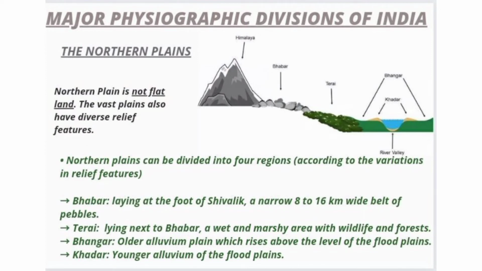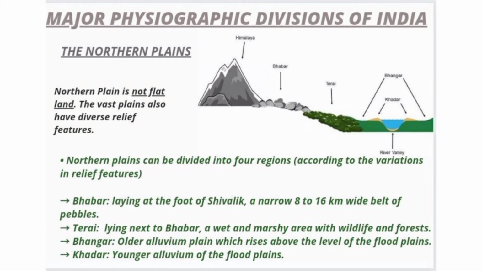Northern Plain is not flat land. The vast plain has diverse relief features. Northern plains can be divided into four regions according to variation in relief features. That is, Bhabar, lying at the foot of Shivalik, a narrow 8 to 16 km wide belt of pebbles.